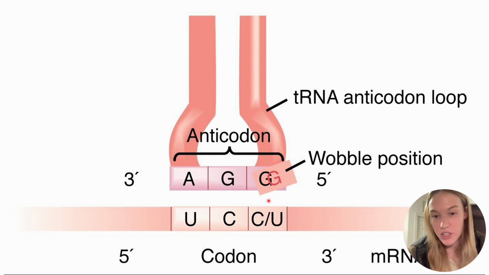If it can pair with U, which is not what we'd expect, but still bring the same amino acid, that means that I can reduce the number of tRNAs that I need. Instead of having an AGA, which would perfectly pair with a U, I can get away with AGG and have one fewer tRNAs. So this is the idea behind the wobble hypothesis, and I think it's pretty cool.